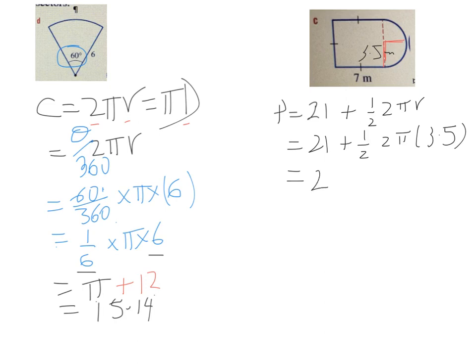So our next line, 21 plus half times 2 is 1, so we end up with plus 3.5 pi. Once again, that's our exact answer, and this comes from question 11, which asks for exact answers. So we just leave it in that, and we say that it is 21 plus 3.5 pi meters. 3.5 is exact, it is decimal, that is allowed.